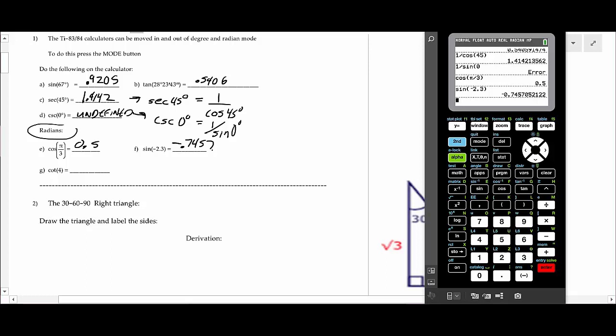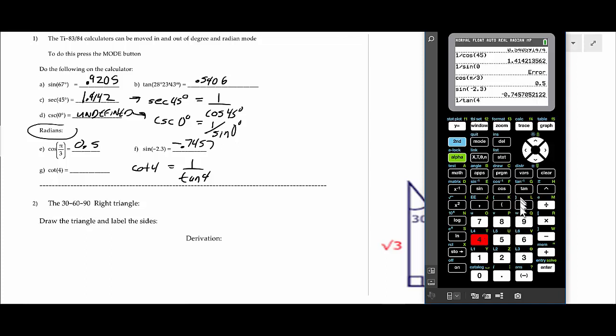Okay, now you don't have a cotangent button, so what do you do? 1 over tangent. Okay, you got to know that identity. So the idea is the cotangent of 4 is equal to 1 over the tangent of 4. So that's how you're going to have to do a cotangent in your calculators. You got to put it in like that. So I'm going to go 1 divided by tangent of 4.